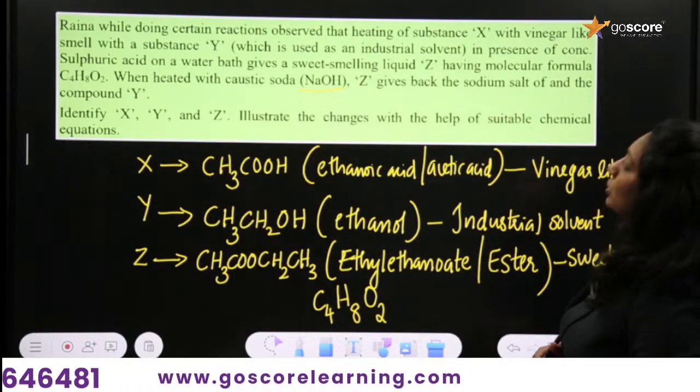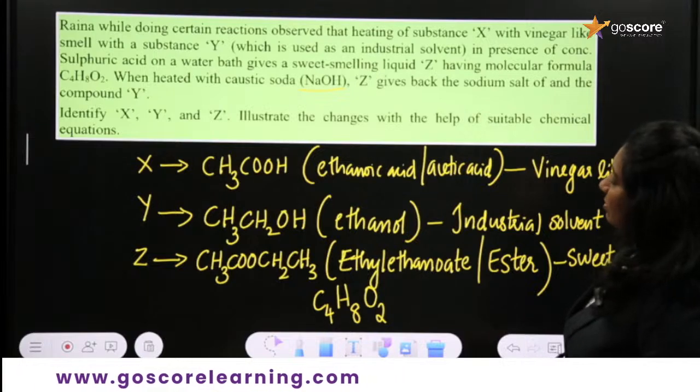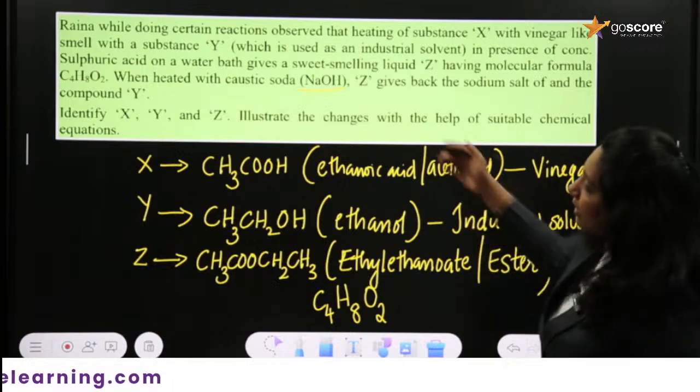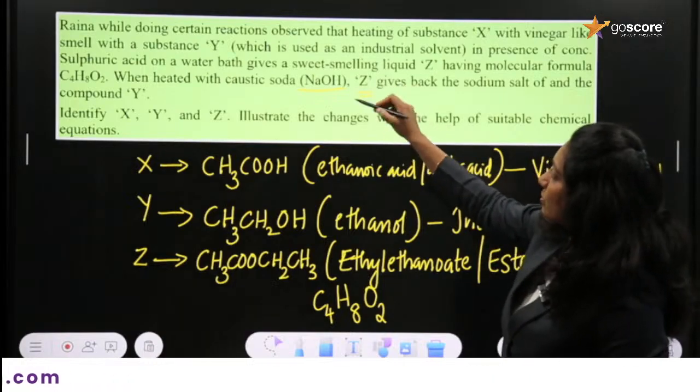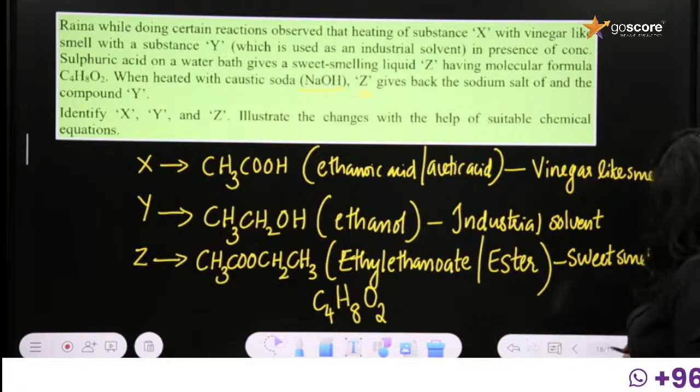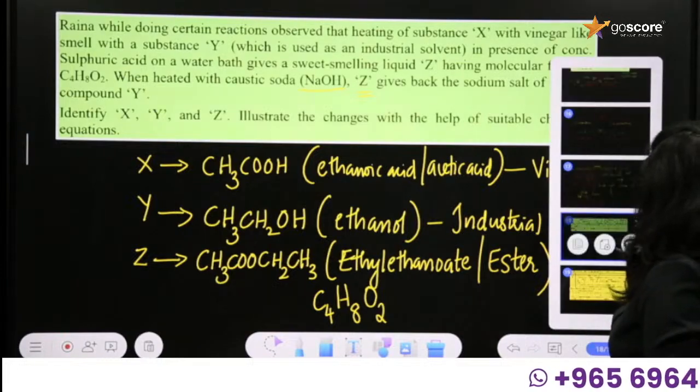Okay, so we have to illustrate the changes with the help of a suitable chemical equation. And when you are treating this Z with caustic soda, it gives back the sodium salt and the compound Y. We can write both chemical equations for those changes.